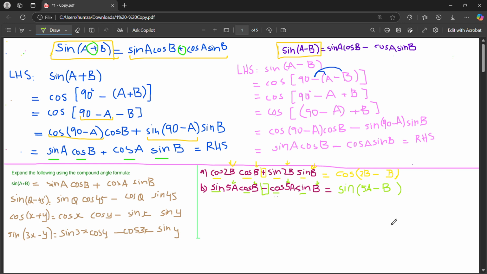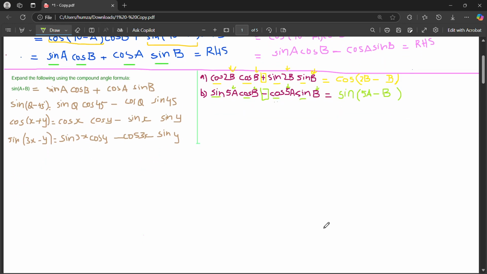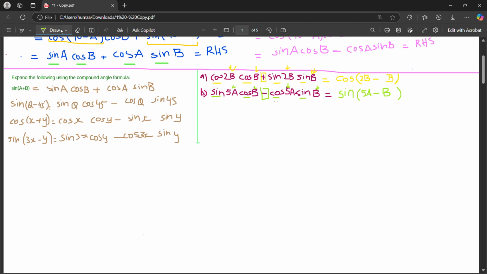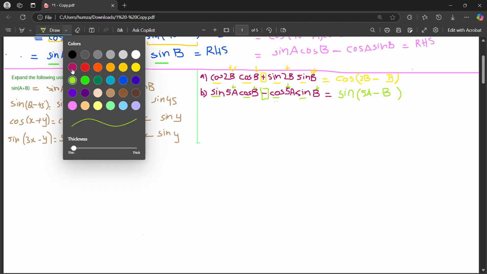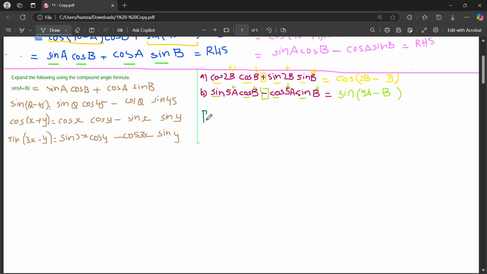Okay, now let's use another type of question, their favorite type of question for exams. They can ask you to use the compound angles to prove. This is what most of the kids are scared of, proving left hand side is equal to right hand side.